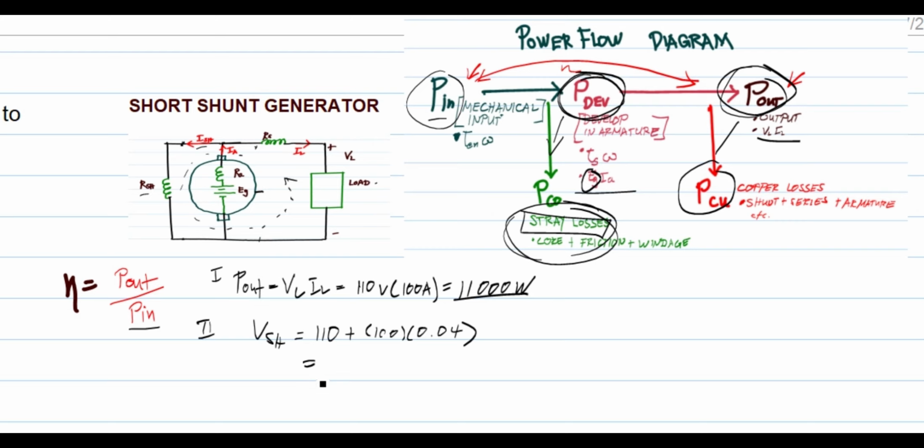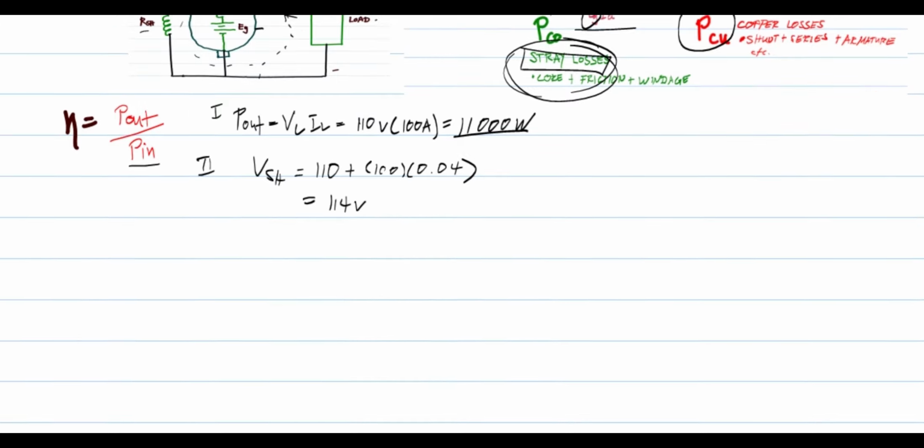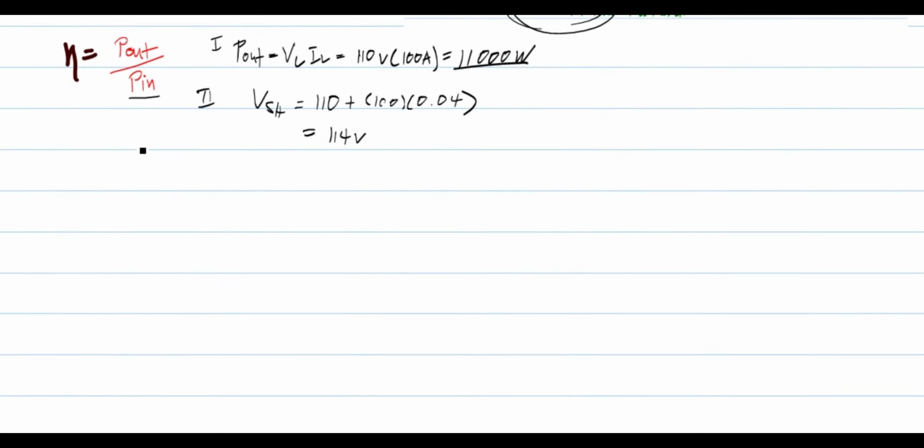Now we have 114 volts. Now ISH is equal to 114 volts over RSH of 57 ohms, which equals 2 amperes. Now IA is equal to IL plus ISH.